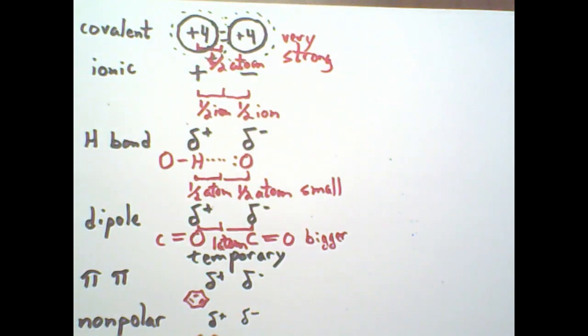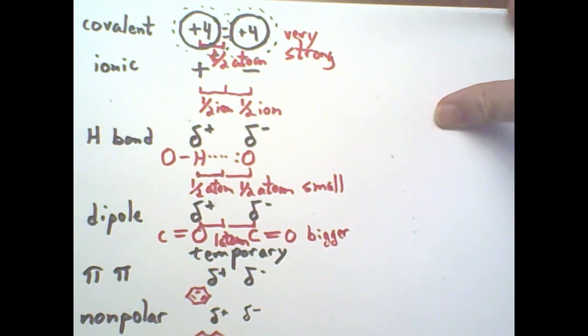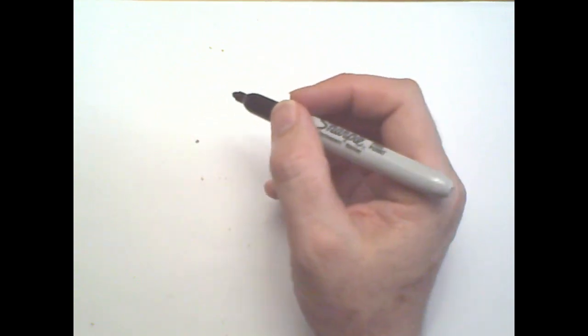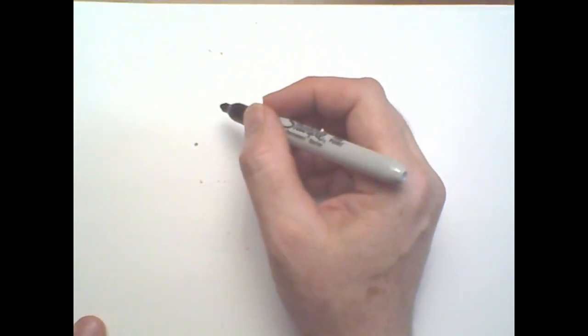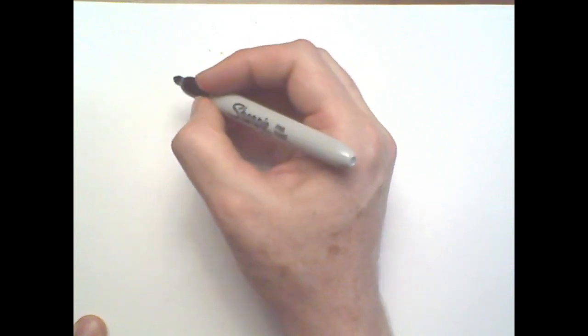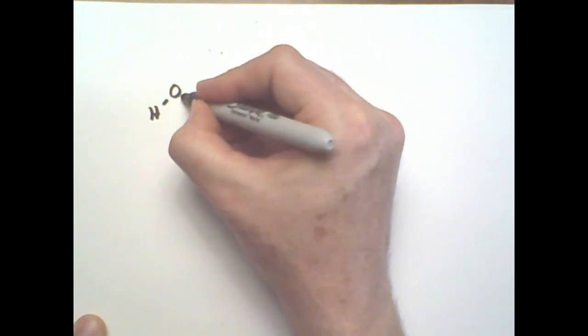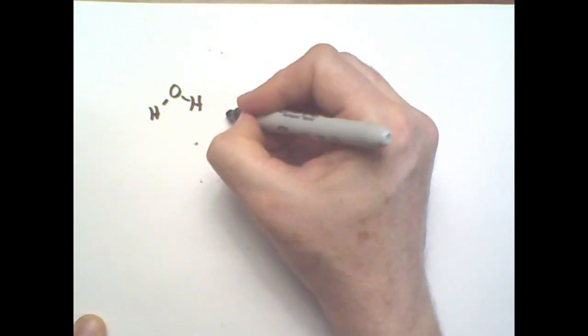All right. We've got to move on to mixing. When you have a whole bunch of molecules, I've got a whole bunch of water molecules. Just going to draw a couple of them.